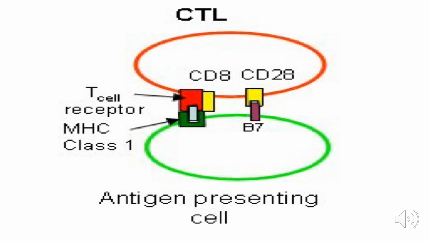So let's try to identify the different receptors or markers involved in antigen presentation using class 1. This is your virally infected cell, which is acting as the antigen presenting cell in this case. Then you have here the MHC class 1, the green colored figure. Loaded into it is a viral antigen or viral protein.